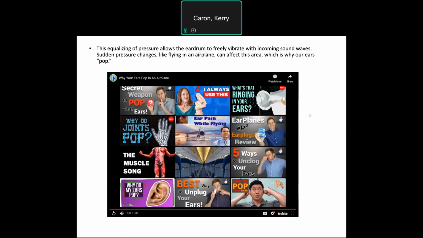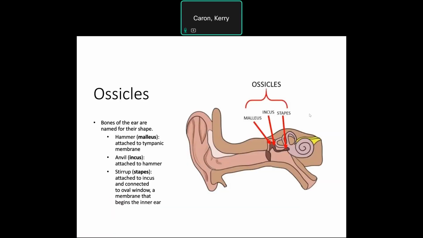Okay. So these are the ossicles I mentioned. These are the three little bones in the middle ear, and they're named for the shape that they have. The hammer, or the malleus, looks like a hammer and is attached to the tympanic membrane. That's the first one. The second one is the incus, attached to the hammer.